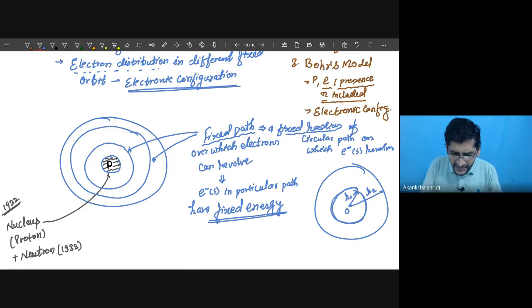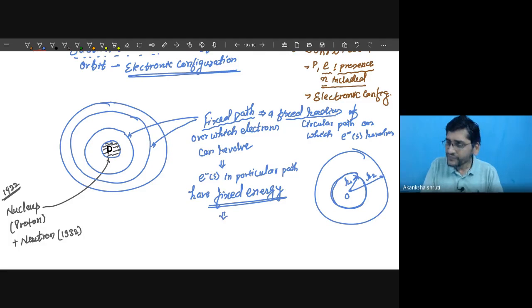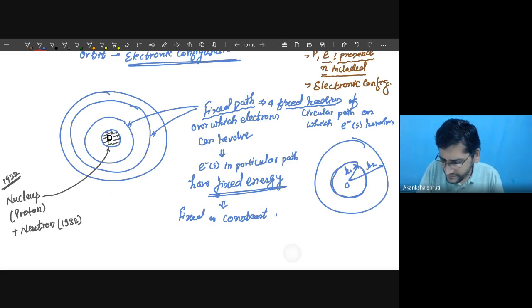Therefore, these circular paths were called fixed energy shells or fixed orbits. So they are called fixed or constant energy shells. A shell is what?